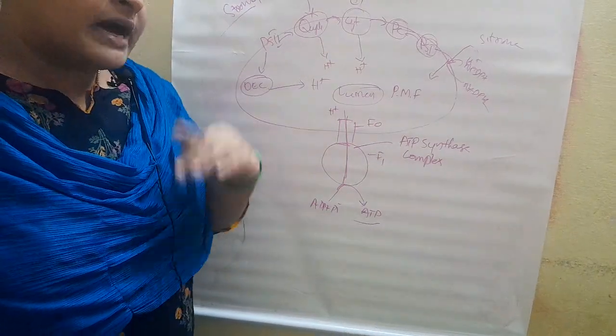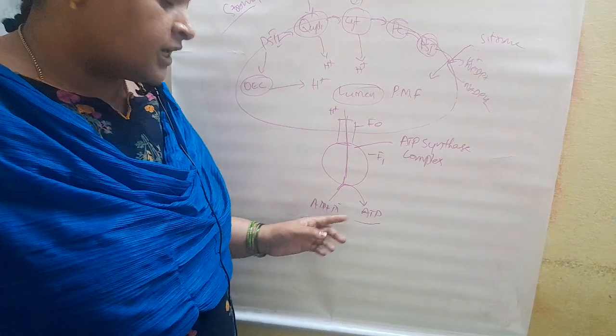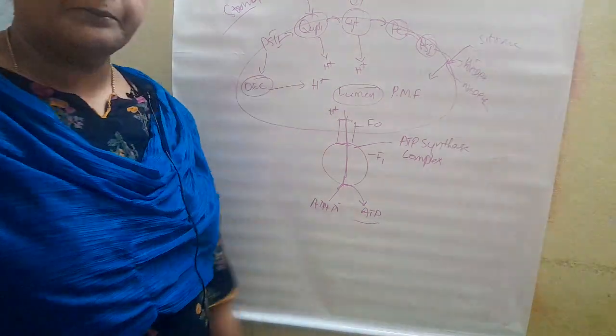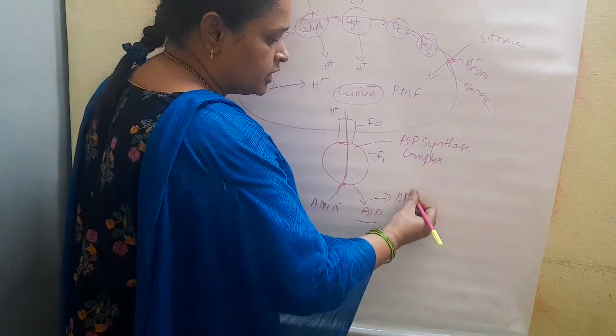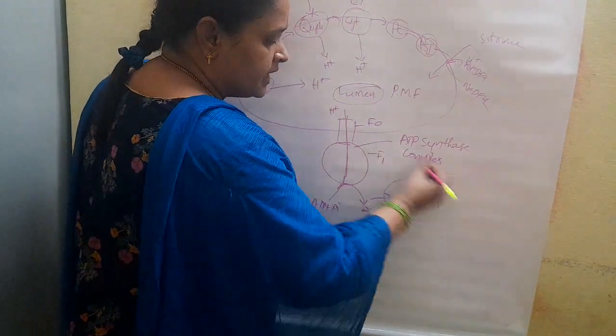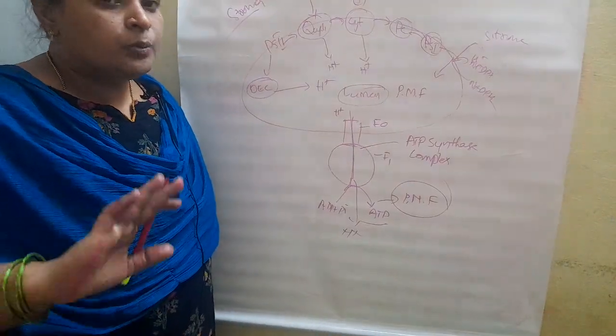During the passage of H plus ions through this complex, the conversion of ADP into ATP takes place. So what is the force? The proton motive force, PMF, is the main thing generating the ATP, adenosine triphosphate. Ultimately H plus ions are moved into the stroma side to balance.